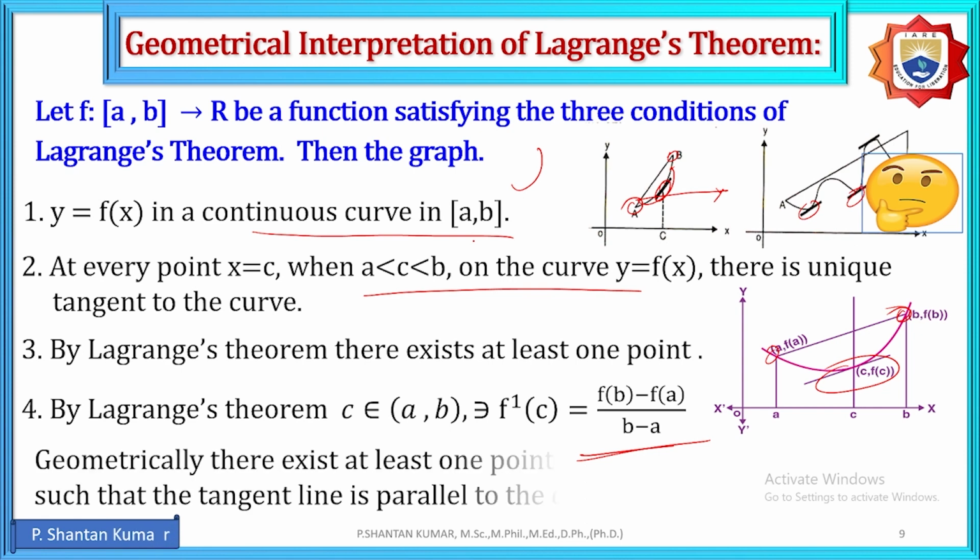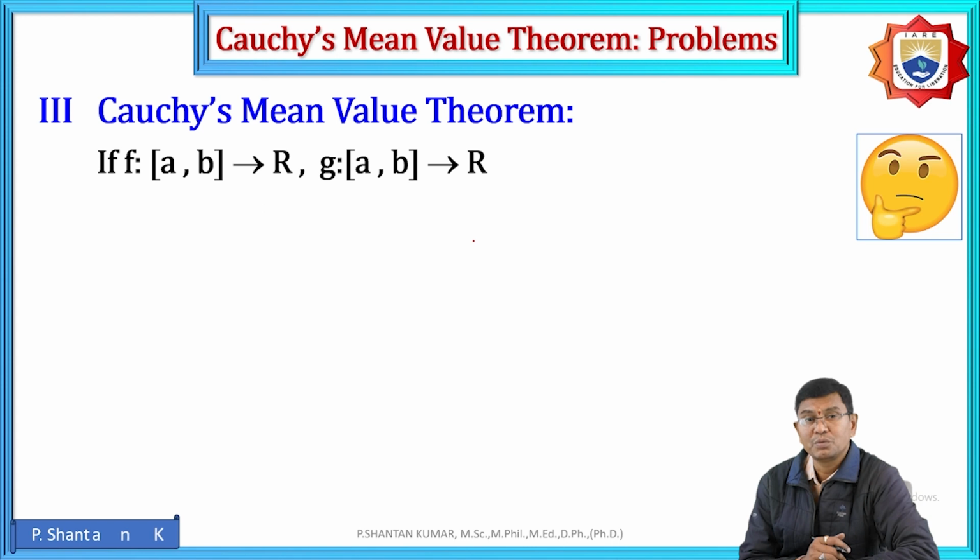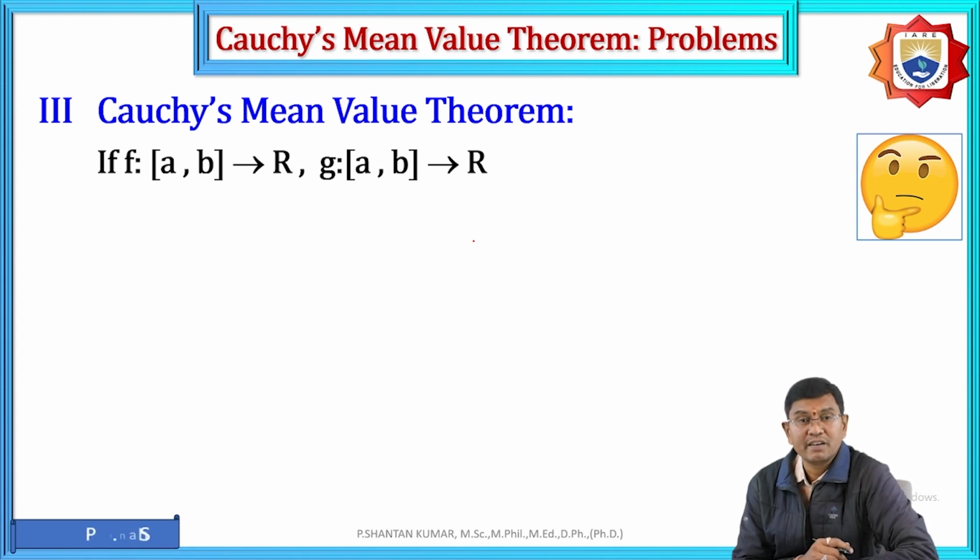And further, there is Cauchy's mean value theorem. Cauchy's mean value theorem is especially a comparison between the first two, Rolle's and Lagrange's. Whereas Rolle's and Lagrange's involve one function, Cauchy's mean value theorem involves two functions. f is a function from [a, b] to the real numbers, and g is a function from [a, b] to the real numbers.